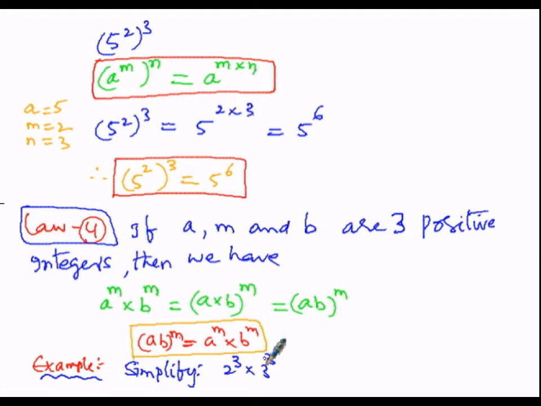But the formula is a power m into b power m is equal to (ab) whole power m.